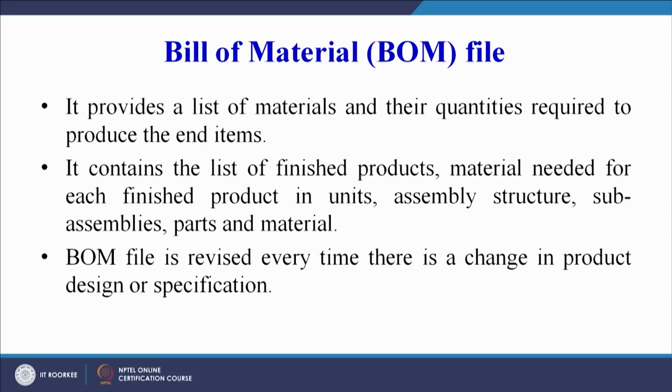For example, we are initially manufacturing a 3-legged wooden table. As soon as we change the design to 4 legs, our bill of material file has to change, because now we have 4 legs, and maybe the dimensions of the tabletop may change, and therefore the material requirement for the tabletop as well as an additional leg will change.